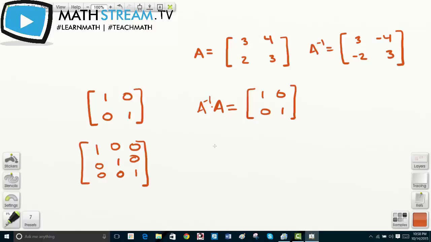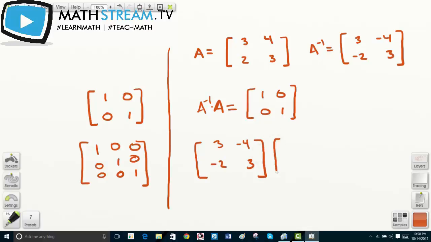I'd take A inverse, which is, here I'm just going to make a little line here so we don't get confused. 3, negative 4, negative 2, 3. And then I take my matrix A, 3, 4, 2, and 3. And I multiply them. That's all we have to do.